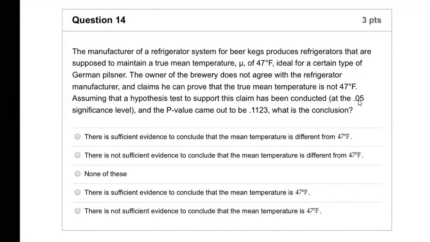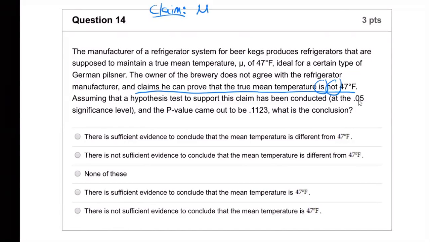All right, so you know what we need to do. We start with the claim. What is being claimed? Do you see it right here? He claims he can prove the true mean temperature is not equal, the equal sign with the line through it.